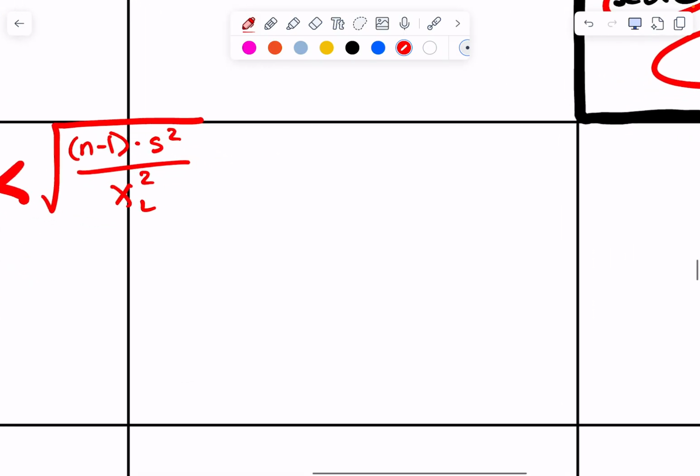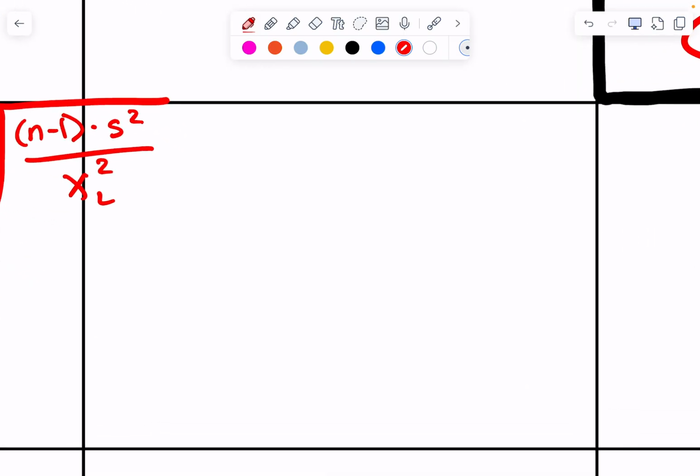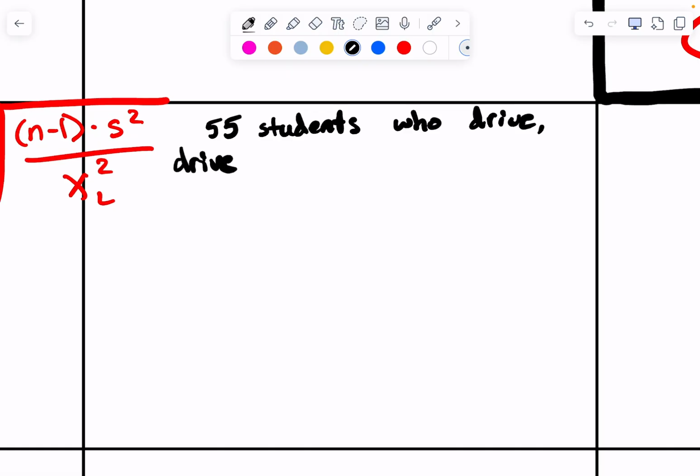Let's do the standard deviation of mileage for people that drive to school. 55 students drive an average of how many miles? 12? 12 miles to school?